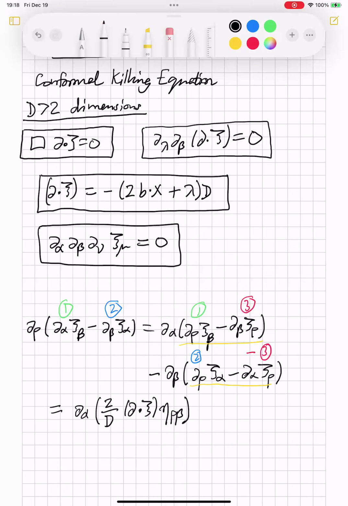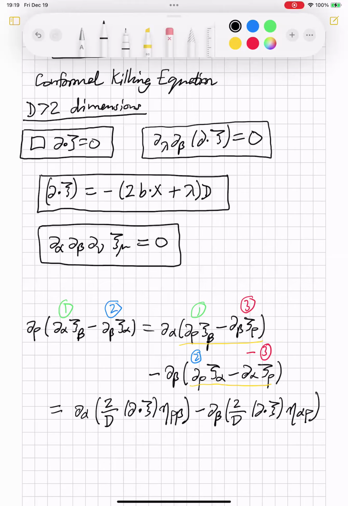So that's from the first term. And then from the second term, we've got minus ∂_β. We've again got 2 over d, ∂·ζ, and then we have η_αρ.